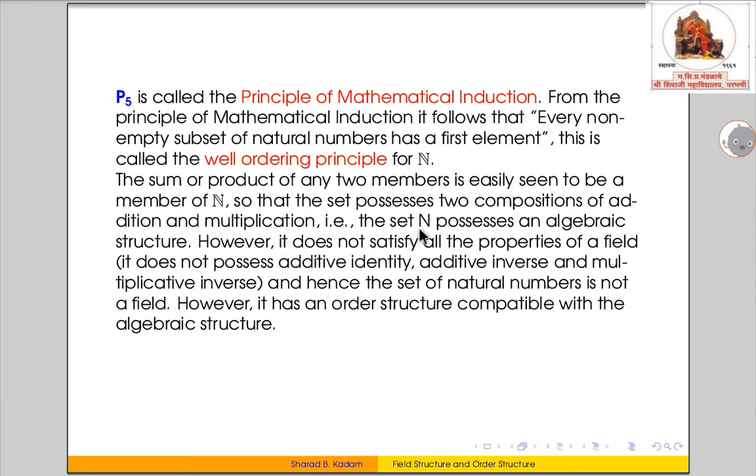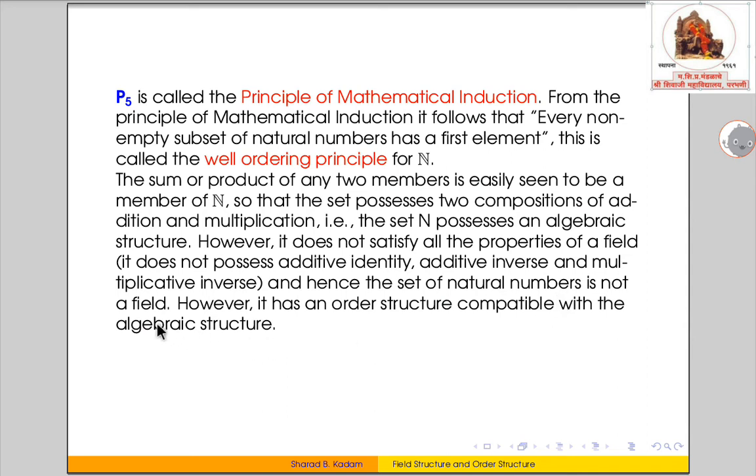Here the set N of natural numbers has an algebraic structure because we can define addition composition and multiplication composition in the set of natural numbers, but this set does not form a field because this set does not have additive identity, additive inverse and multiplicative inverse.